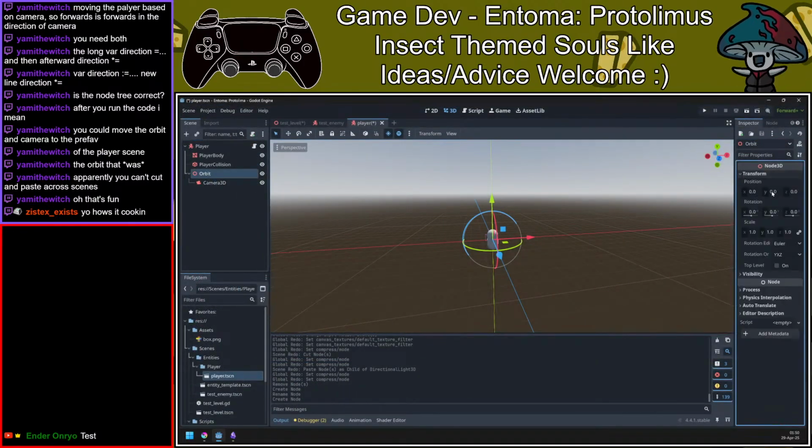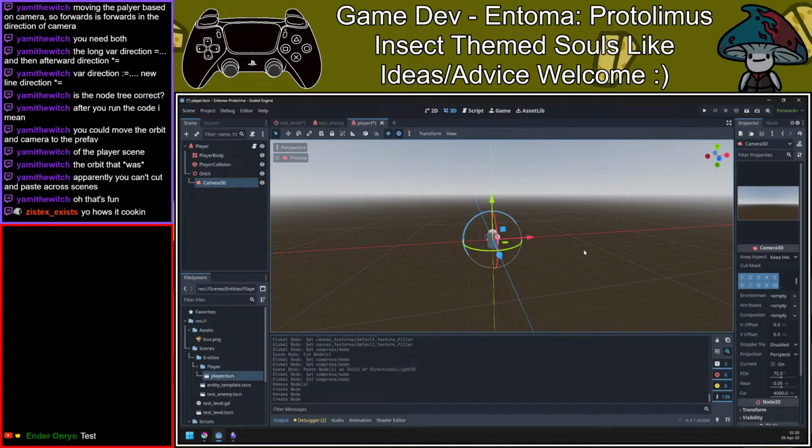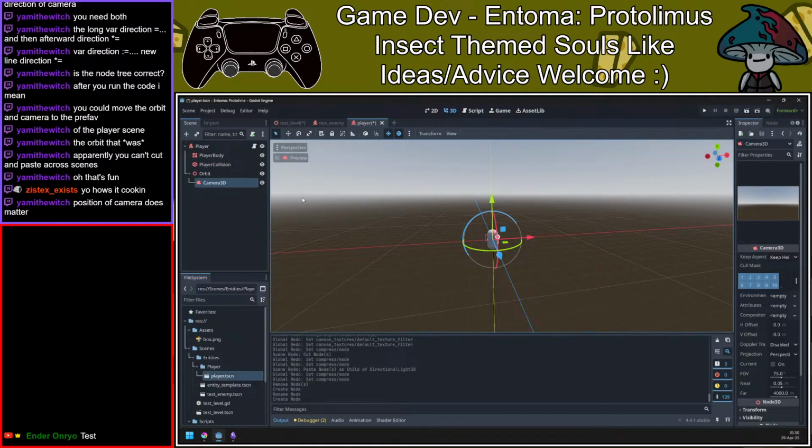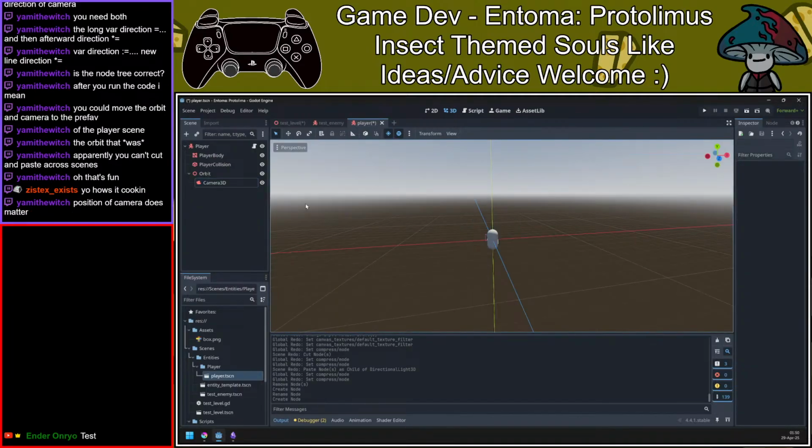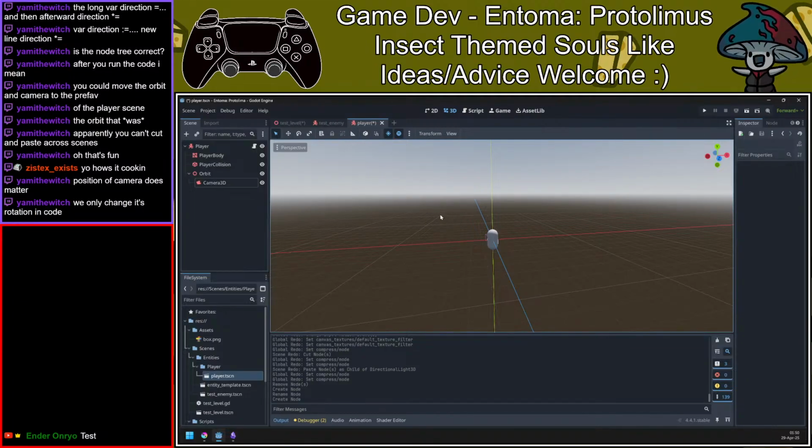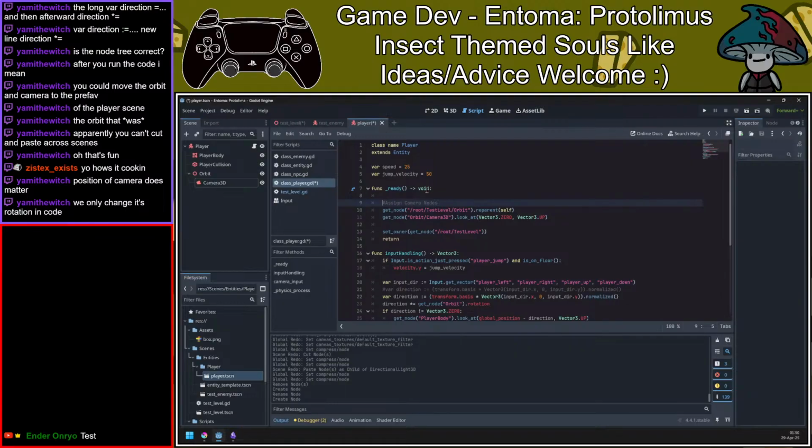Okay, so this goes back to 0, 0. And then I don't think the position of the camera actually matters, because we just immediately changed where it's located in the code. Position of the camera does matter? Really? We only change its rotation. Oh, okay.